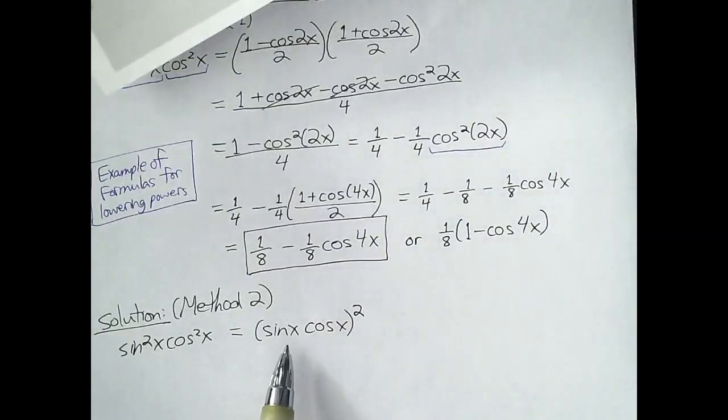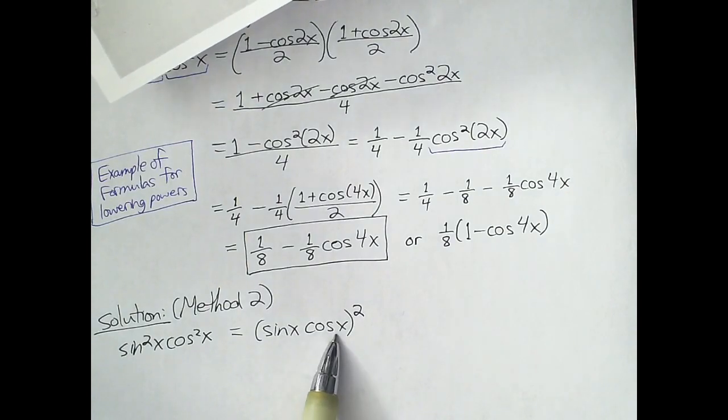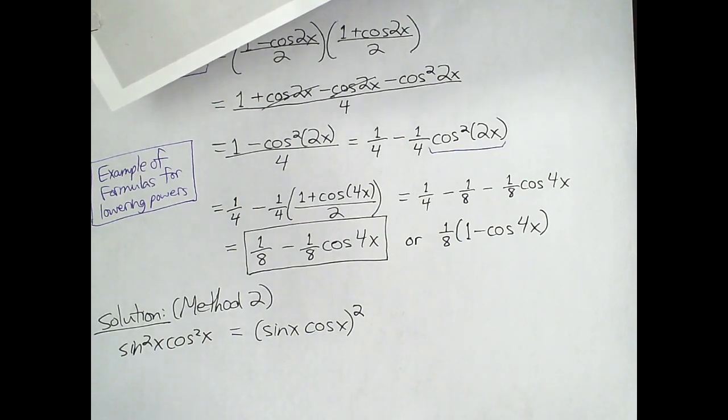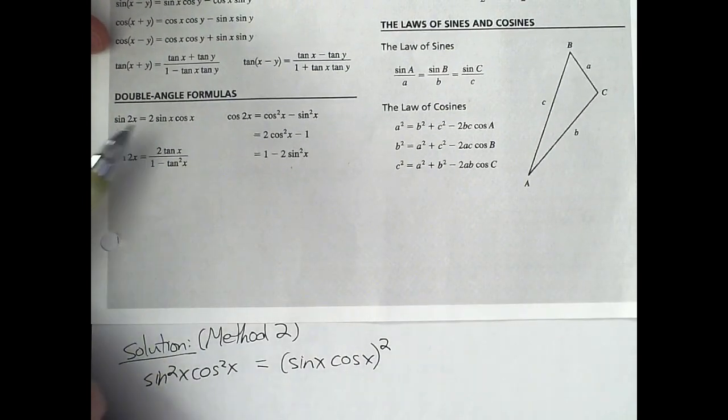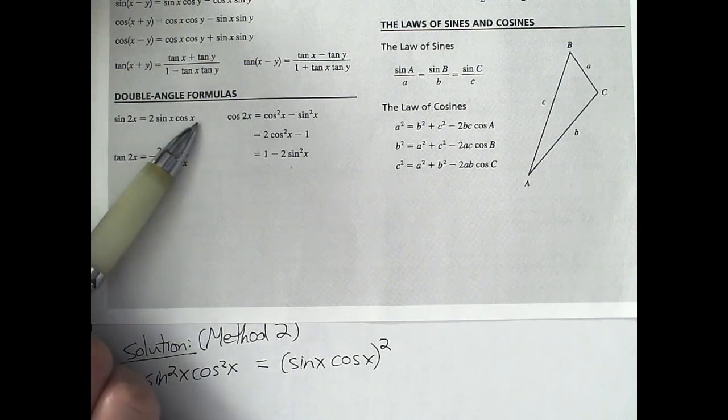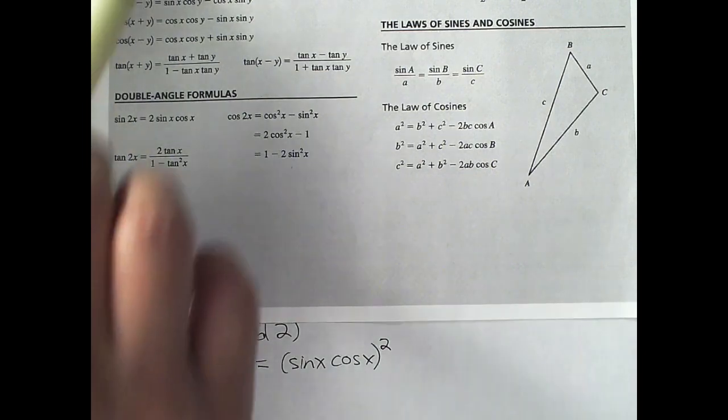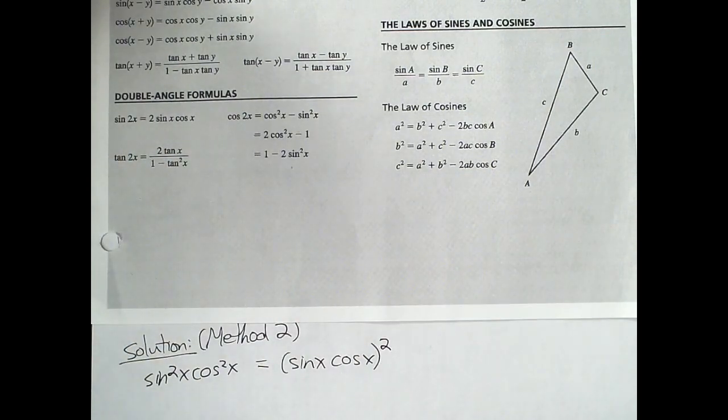Do you see anything that has a sine x cosine x that might be useful? I do see something that has a sine x cosine x, and it's right here. It has a 2 in front also, but it's kind of the only thing on this sheet that has that.